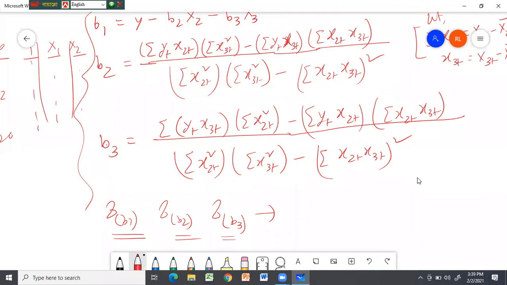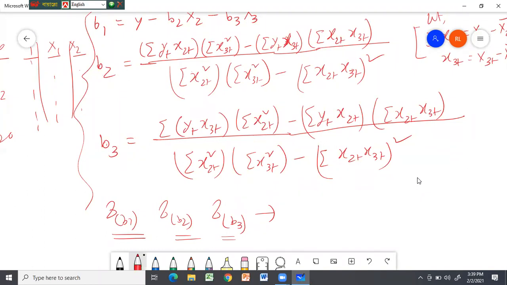We are actually estimating proxies of beta 1 followed by B1, proxies of beta 2 followed by B2, and proxies of beta 3 followed by B3. So whether these three parameters, which have been estimated based on the sample data, are a good representative of the population regression function, that is what we are going to test using the hypothesis testing approach.